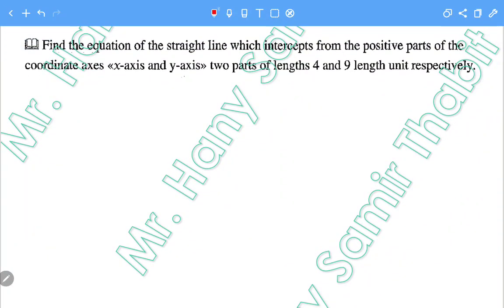Here we have the last question. I think this is the last one. Find the equation of the straight line which intercepts from the positive part of the x-axis and y-axis 4 and 9. Since it's passing through the x-axis at 4, this means the point (4, 0), and the second one on the y-axis at 9, (0, 9), belong to the straight line.